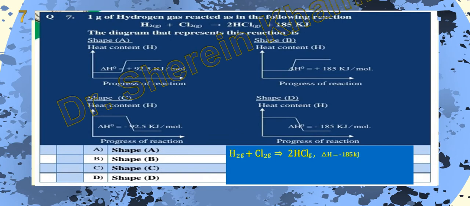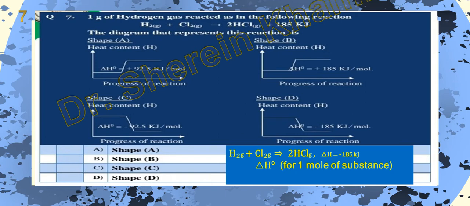So if we have the reaction H2 plus Cl2 giving 2HCl, delta H alone, without the equation, will be equal to negative 185 kilojoule. So the reaction will be an exothermic reaction.